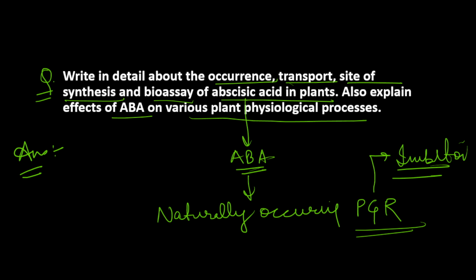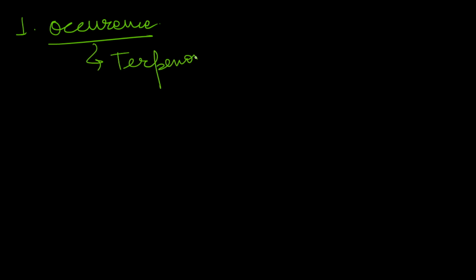So first of all, occurrence. Occurrence of ABA: you should know that ABA is a naturally occurring plant growth regulator, which we have discussed in the introduction, and it is classified as a terpenoid.